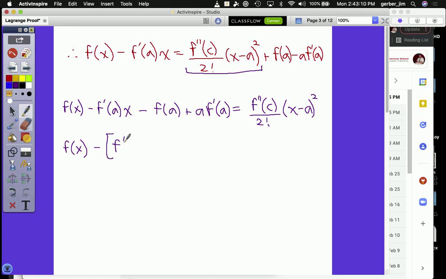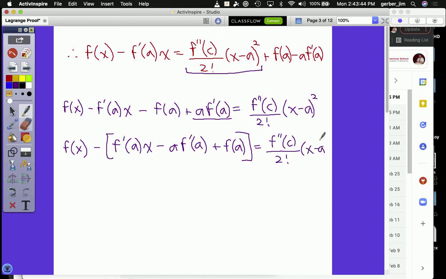So this is just going to be f prime at a times x, and this is now going to be minus f prime at a, minus a times f prime at a, minus that term. And then I must have a plus f at a because I factored out a negative. And that's got to equal f double prime at c over 2 factorial x minus a squared.